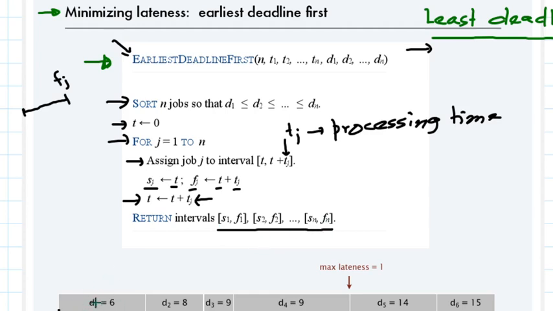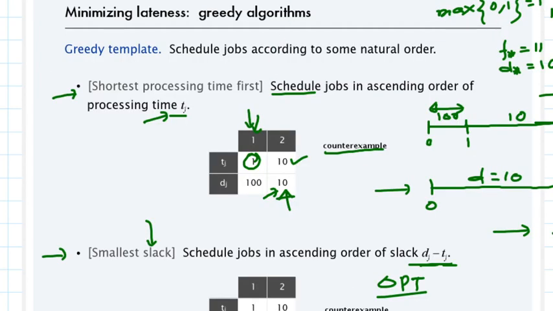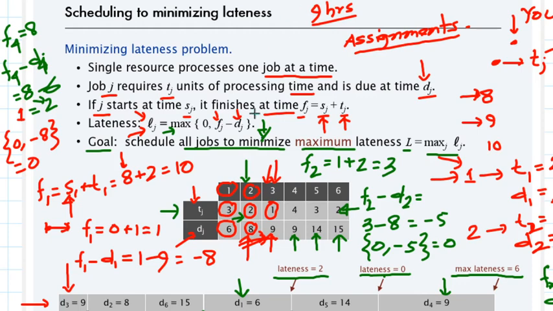In the last class we had the example. So this is the example we are having, the earliest deadline first algorithm. You see all these jobs are already sorted by the deadline: 6, then 8, then 9, then 9, then 14, then 15.